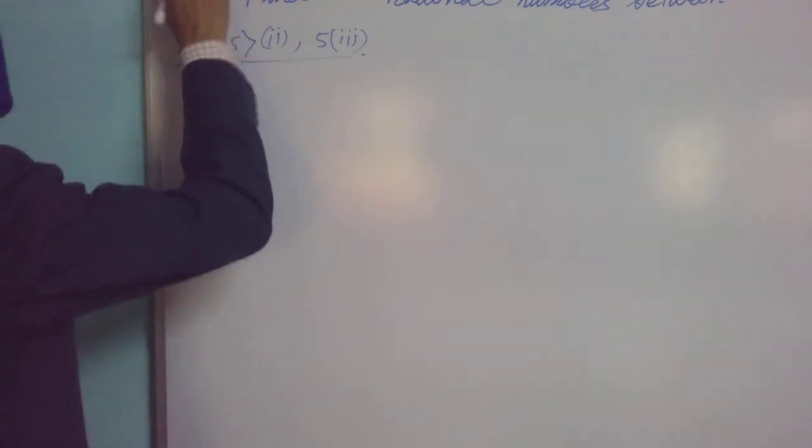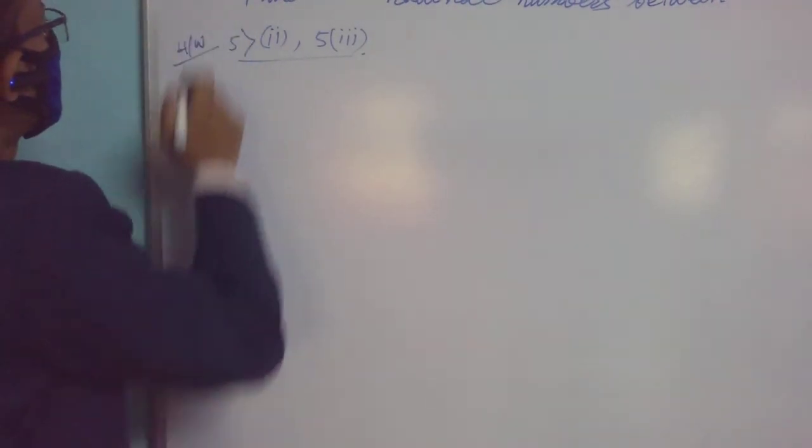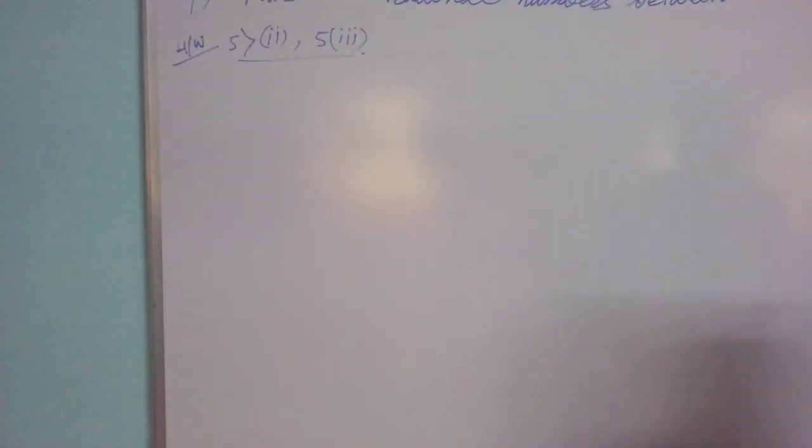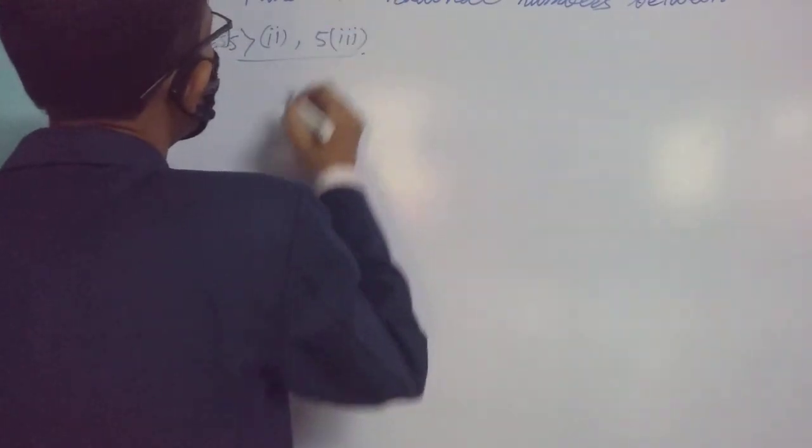Here I will solve first number 7, and then I will come to number 6. So find 10 rational numbers between 3/5 and 3/4.